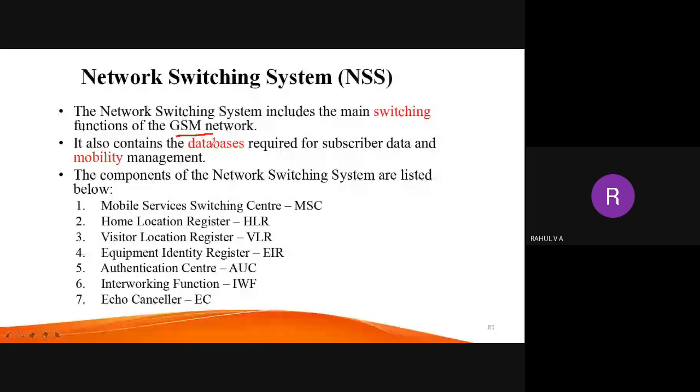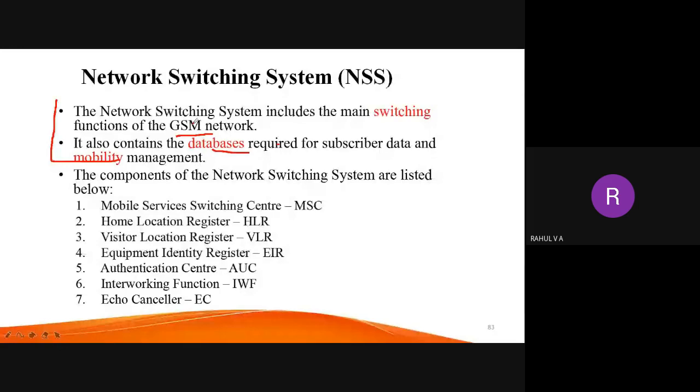Okay, we will see in detail what each one will do. It also contains databases required for subscriber data and mobility management. Just read this sentence: the network switching system includes main switching functions of a GSM network.